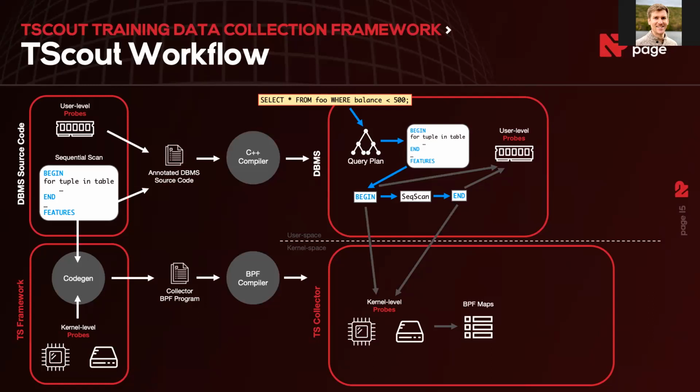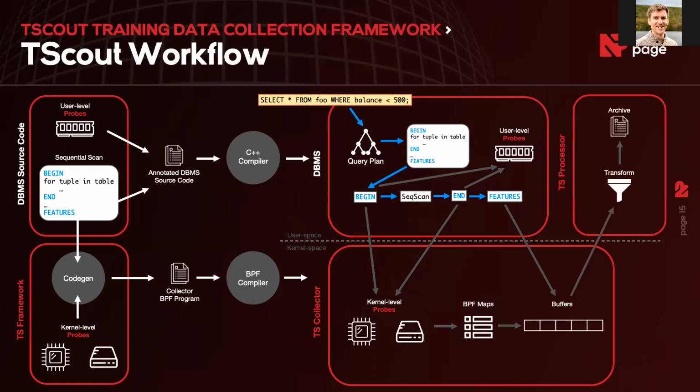Finally, upon traversing the features marker, the collector aggregates the input features and output metrics into a buffer and sends the training data to a user space processor. There, the processor transforms and archives the training data to the desired format.